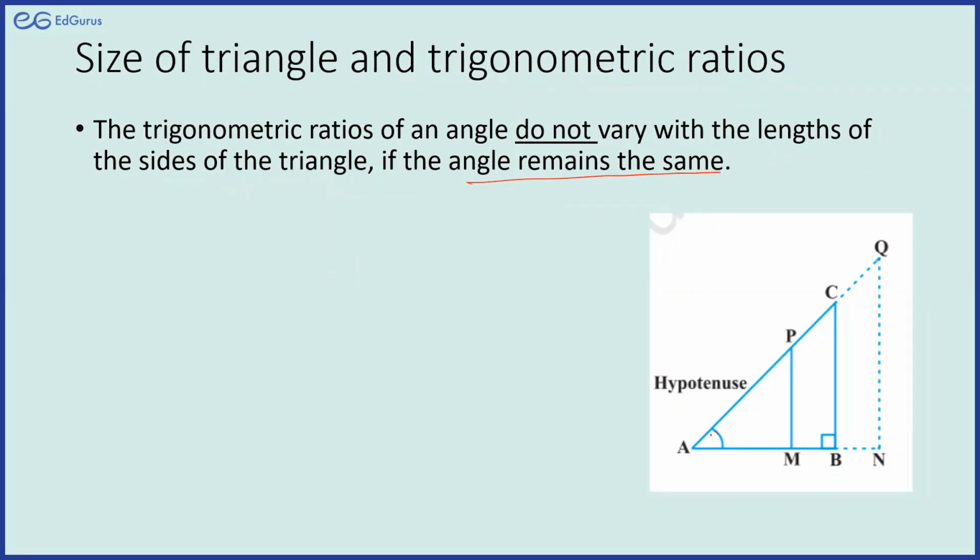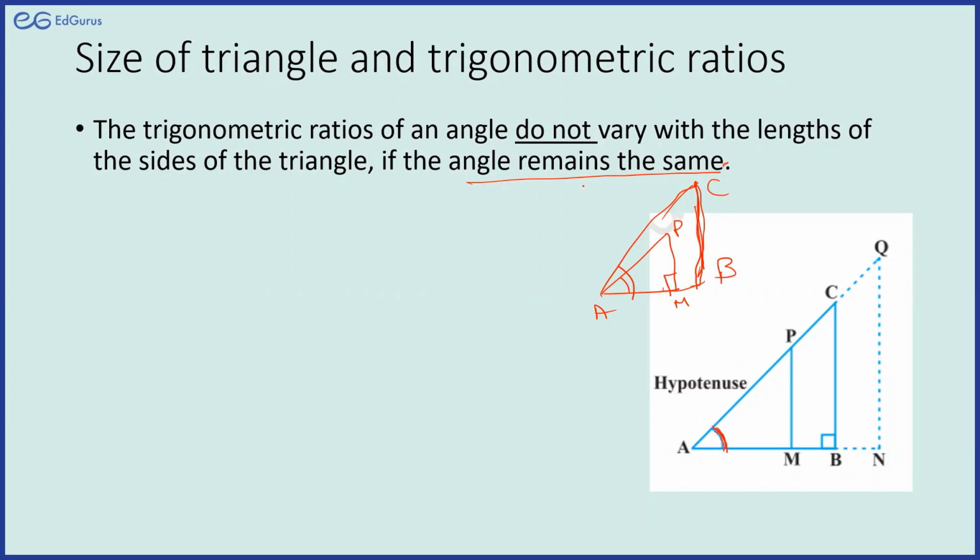If I draw another triangle, say I have this triangle AMP, and I draw another triangle, and suppose this is my ACB, now my angle A has changed. Now it will not be same. So the important thing is that the angle needs to remain the same.